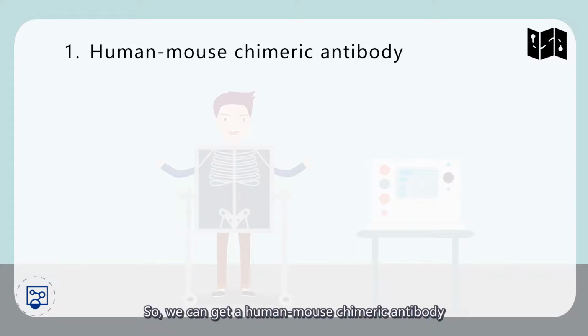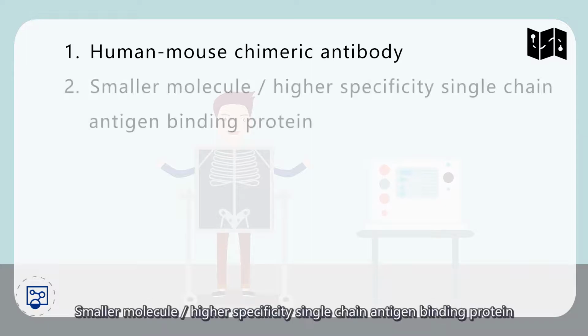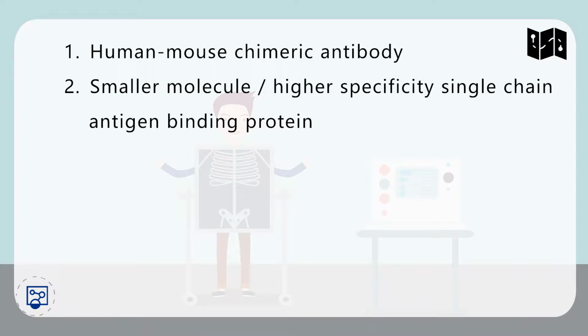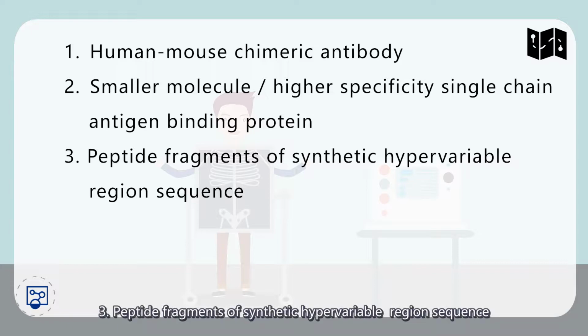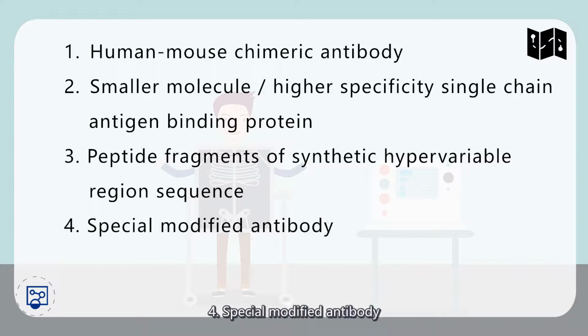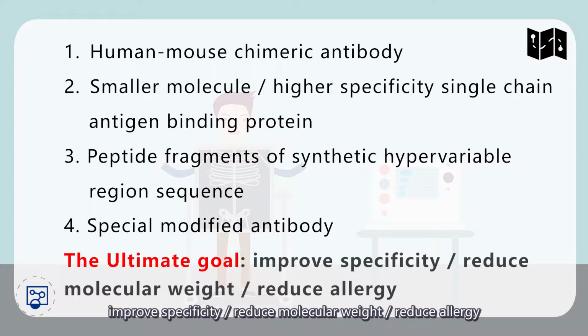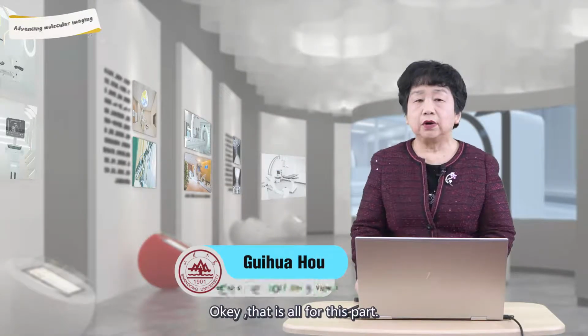So we can get human-mouse chimeric antibodies, smaller molecules, highly specific scFv binding antigen, peptide fragments of synthetic hypervariable region sequence, and specially modified antibodies. Our ultimate goal is to improve specificity, reduce molecular weight, and reduce allergy to the human body. Okay, that's all for this part.